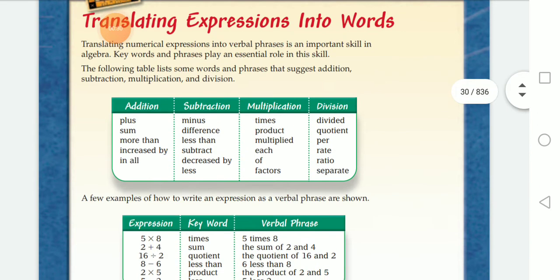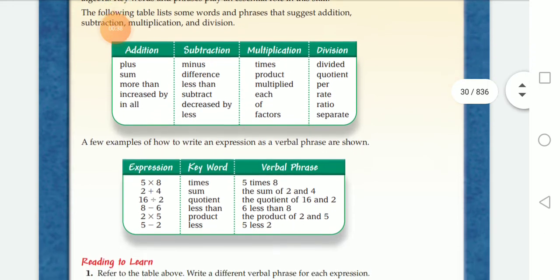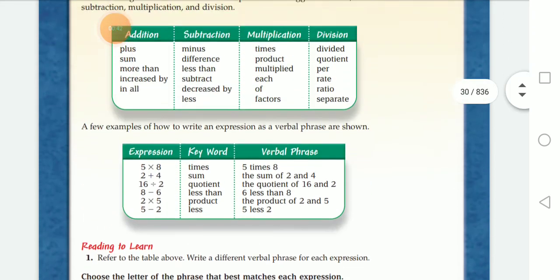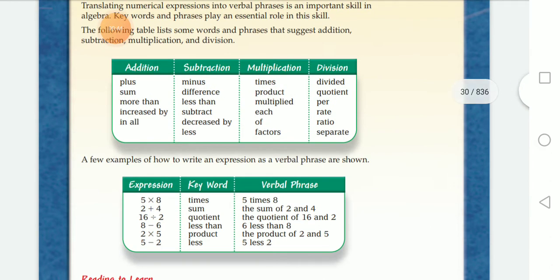The following table lists some words and phrases that suggest addition, subtraction, multiplication, and division. So please take a look here, on the student book, page 11. Remember the addition well, I know it seems easy, but concentrate.